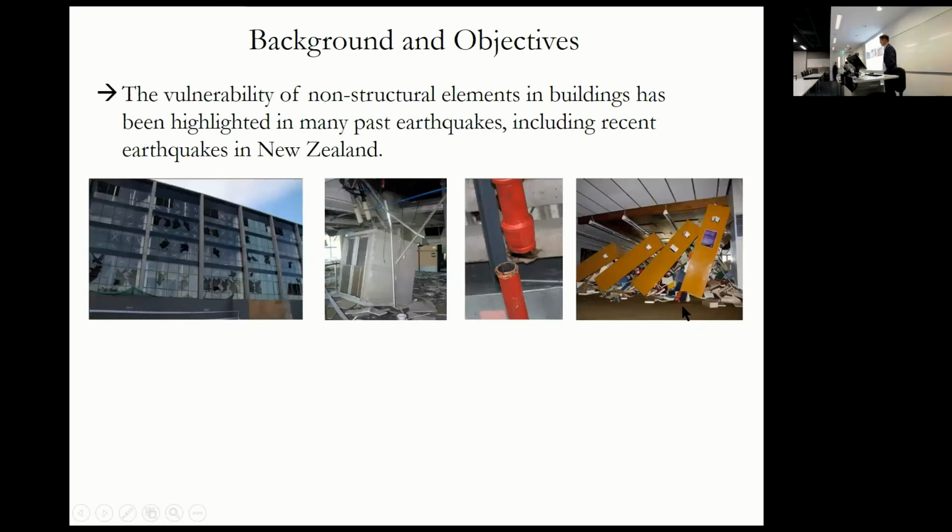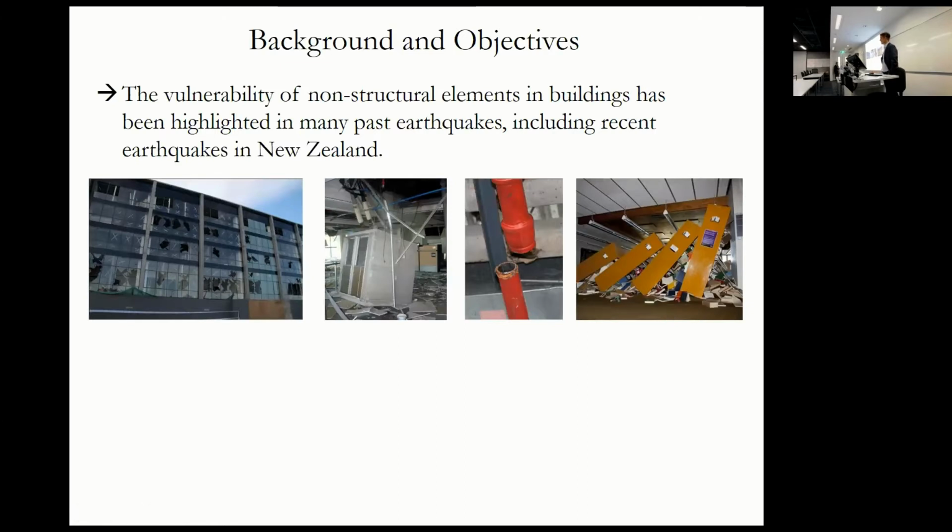So what are the background and objectives to this work? Well, it's been recognised for a few decades by different people, but increasingly so in recent years, that the seismic performance of non-structural elements is relatively poor. They tend to be not engineered, and who's responsible for their seismic performance is sometimes put up for question.